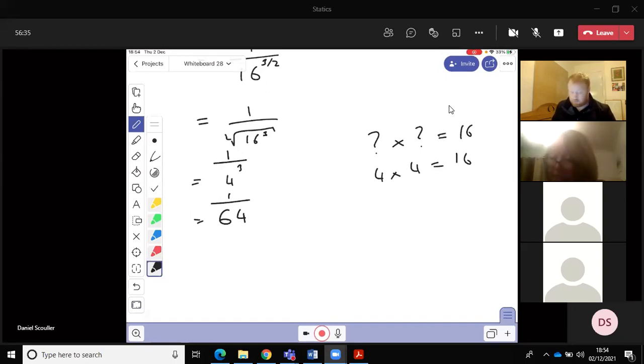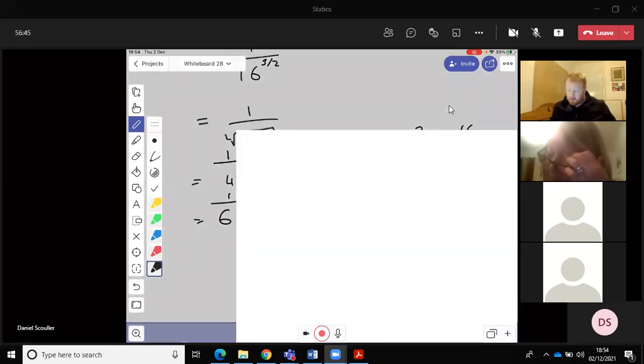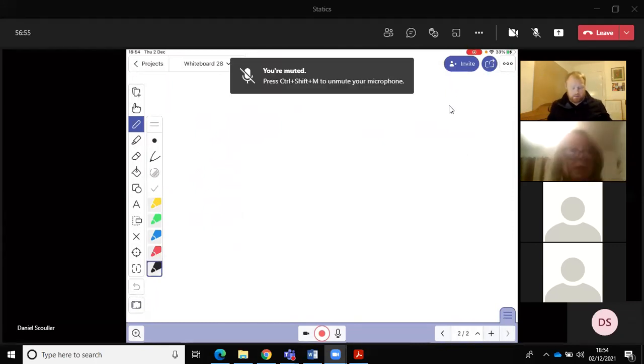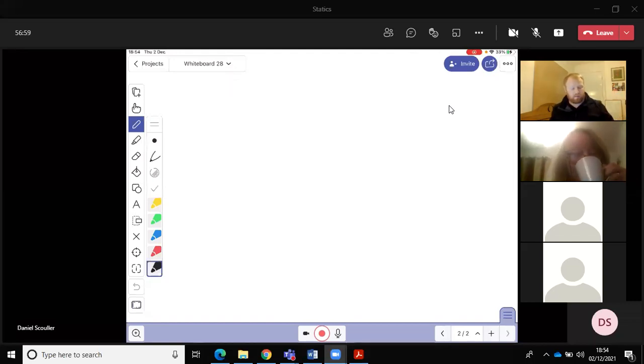Let's throw a wee bit of added complication in. We're going to combine our rules of indices that we wrote out and our rules of surds, and combine it into nice fractions and make life complicated for ourselves just because we can.